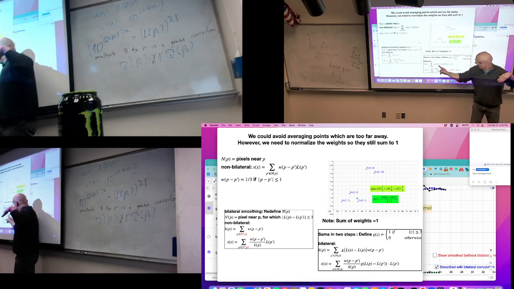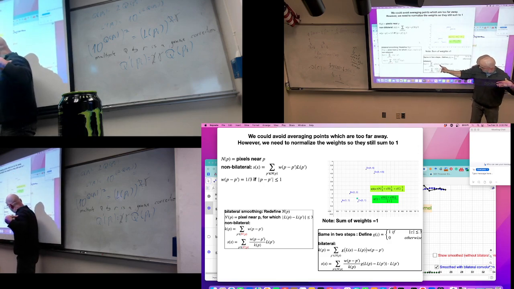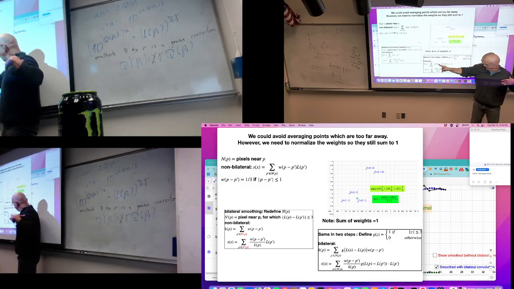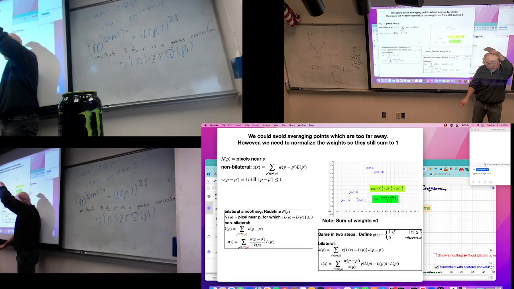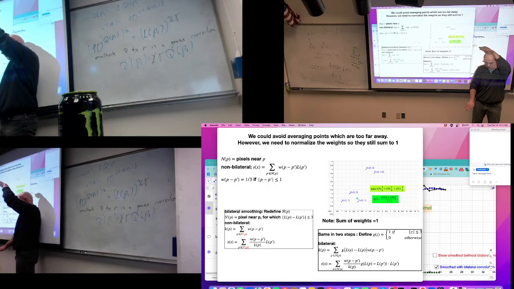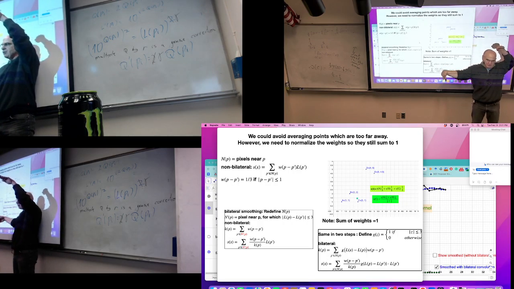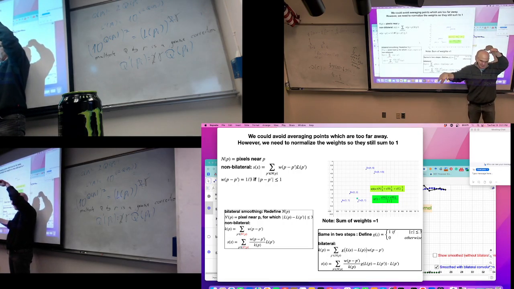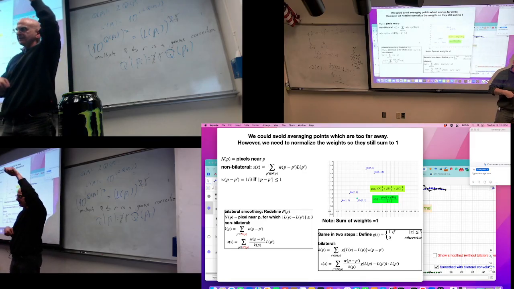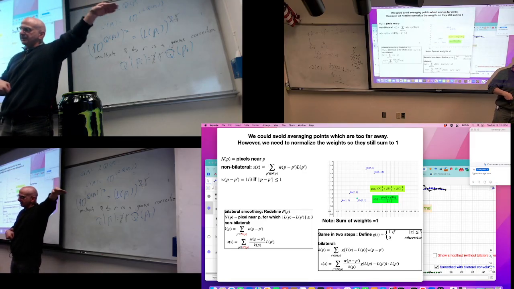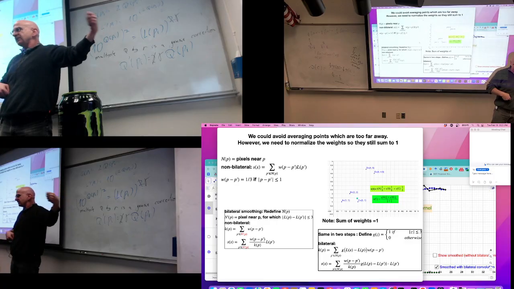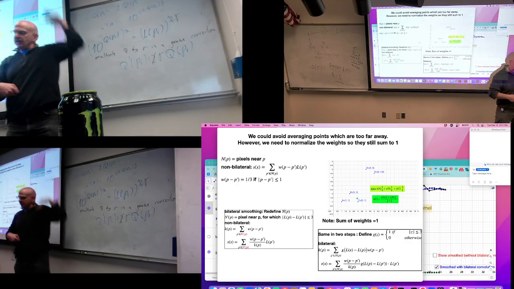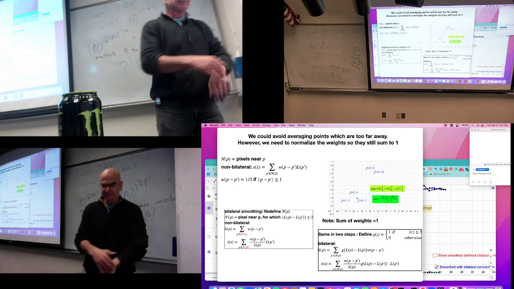Is the difference between P and P prime more than the threshold? It's not how far away geographically the pixel is from you, it's your brightness, your intensity, versus the intensity of a pixel that wants to be counted in the average but presumably belongs to different parts.